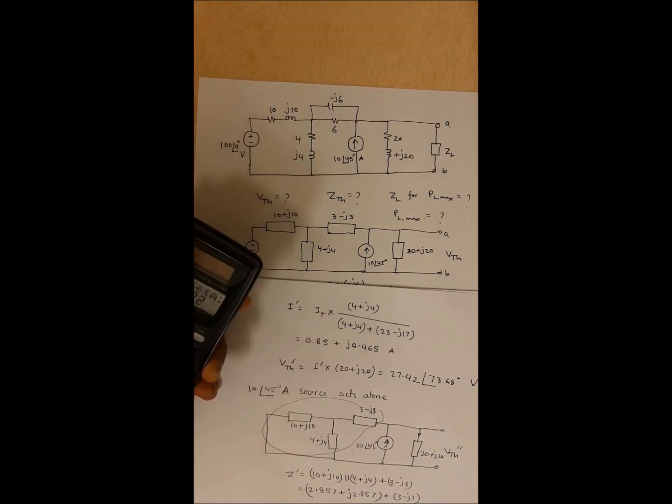So that gives us 1.787 plus J0.19. Now V Thevenin double prime will be I double prime times 20 plus J20.